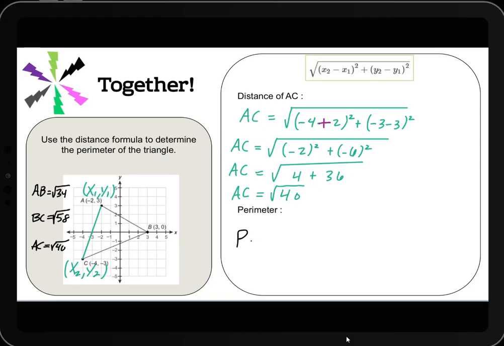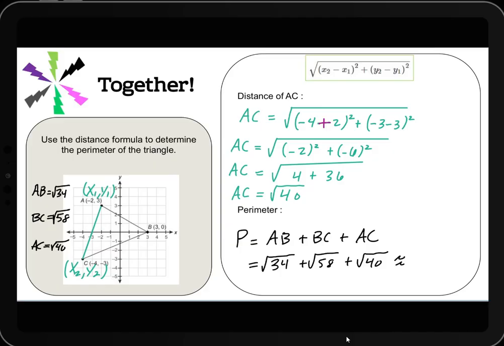To calculate the perimeter, we have to combine AB with BC with AC to get our perimeter. So we have the square root of 34, square root of 58, square root of 40, and then that can be an approximated perimeter as a result of that.